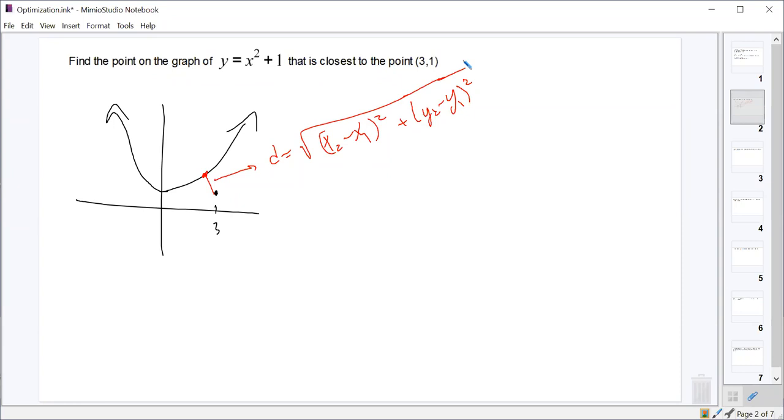So in order to minimize that distance, we need to first write all of this in terms of one variable, whereas I have x2, x1, y2, and y1. I have 4 different variables at the moment. So we're looking for the distance between 2 points. One point is the point 3, 1. And the other point is some arbitrary point on this parabola, which would be some x value. And what's the y value of the parabola in terms of x?